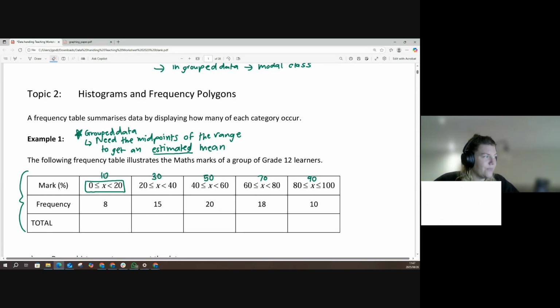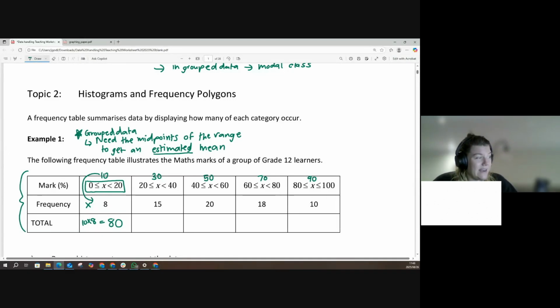Okay. Cool. All right. So let's work out our totals in order to figure things out. When we're trying to figure out our total value, this is so that we can eventually work out our mean, we take our midpoint over there and we multiply it by the frequency to get our total. So what we're saying over here is 10 times 8, which is giving us a total of 80. Yes, the answer depends on the frequency completely.